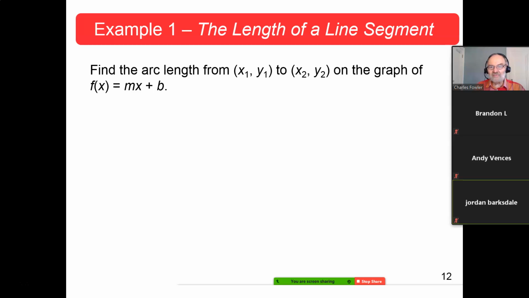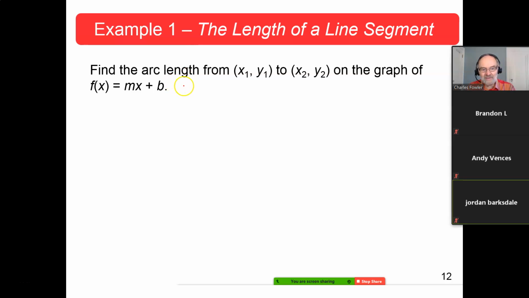Find the arc length from x1, y1 to x2, y2 on the graph. Oh man, there is not a number in sight. Not a number here, not a number here. We're just going to find the arc length from this point to that point for this function. From what we just said, here's how we're going to proceed.